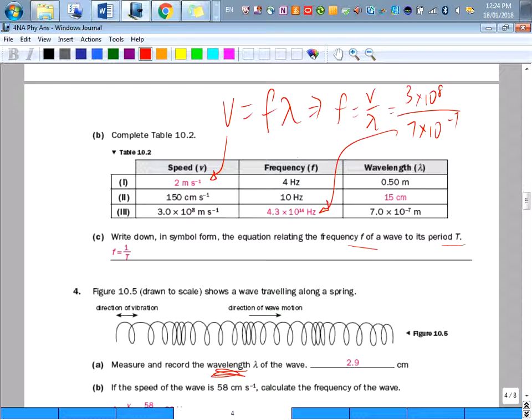Shall we start from the compression? Because I think it is easier to see the compressions. Shall we start right from the center of the compression then? Maybe let's start measuring from here to here. That is one complete wave, right? So can you take out a ruler, measure this distance? What do you get? Since it is drawn to scale.